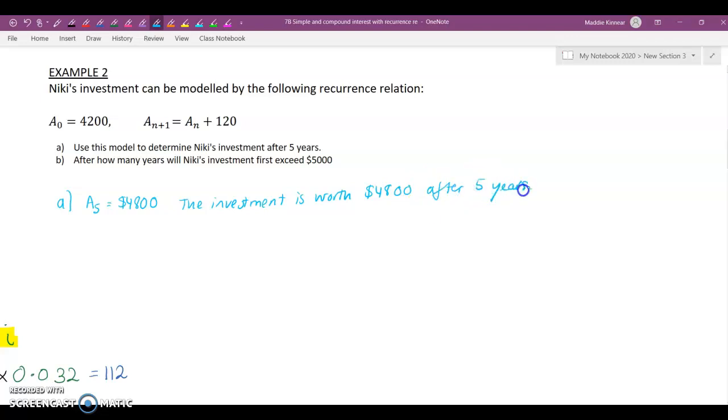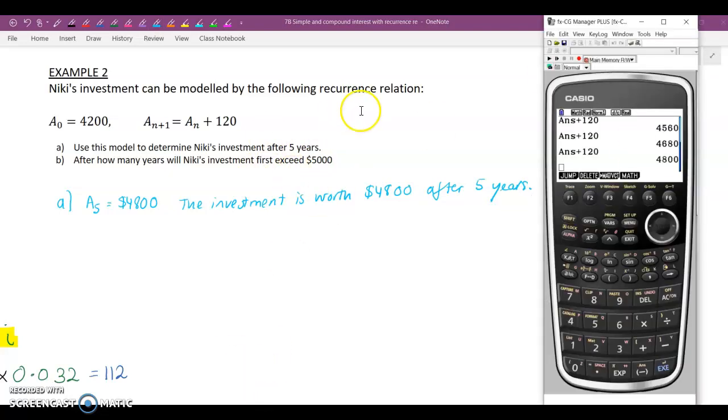Okay, the next question asks us after how many years will Nikki's investment first exceed $5,000? So go back to our calculator. We've already got to 5 years, so let's see when this ticks over. So the next one will be year 6 and then year 7. Well, clearly year 7 is the first time it jumps over that $5,000.